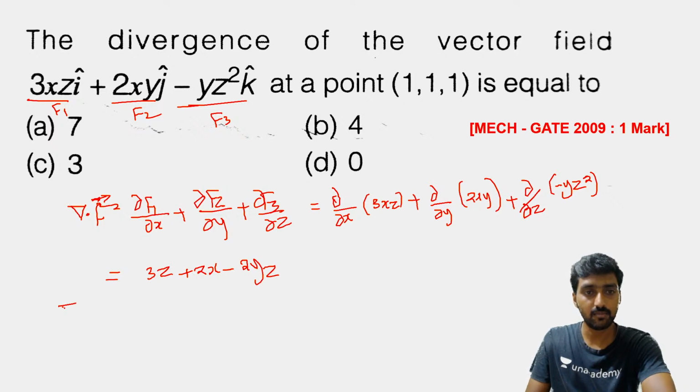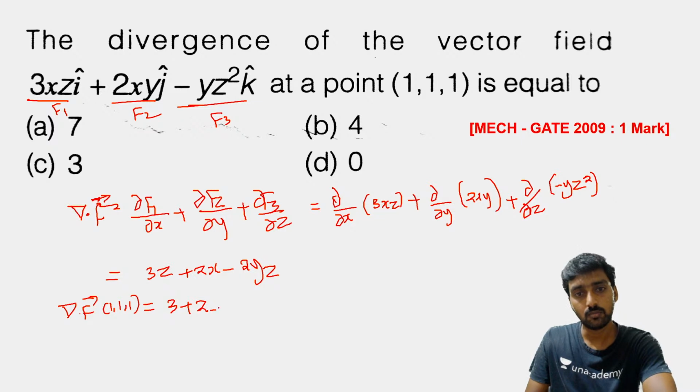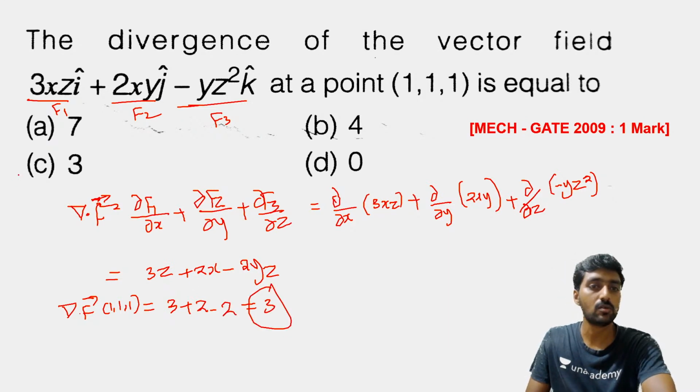Now that same del dot f vector at 1, 1, 1 is 3 plus 2 minus 2, it's equal to 3. Solution is equal to 3.